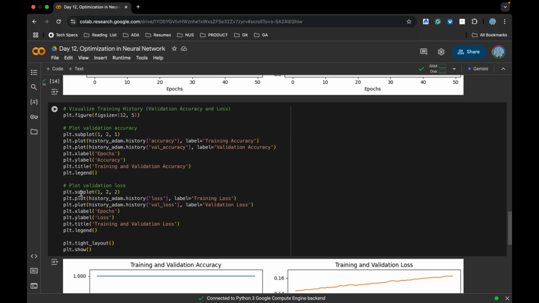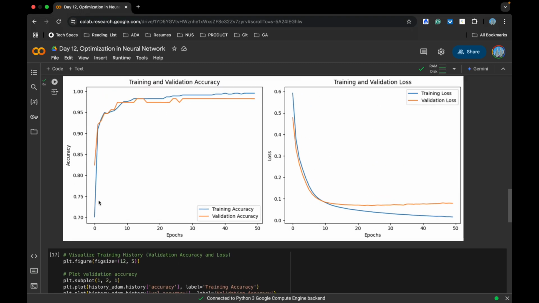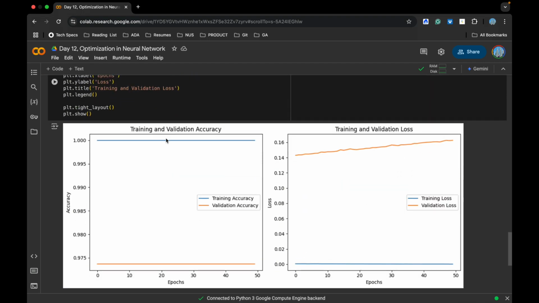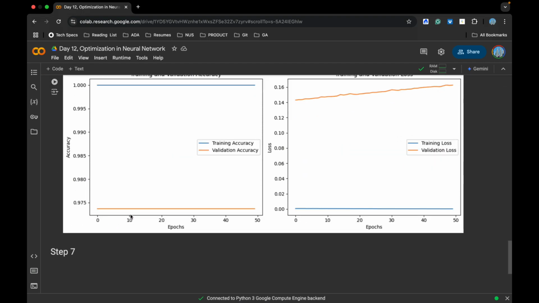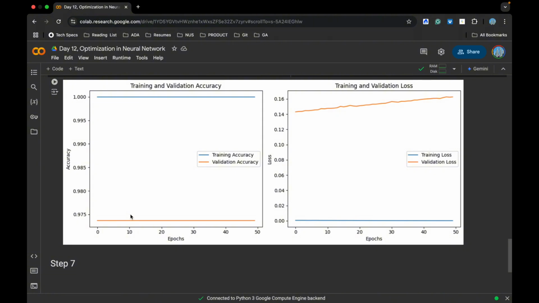Isn't that amazing? If you see here, gradient descent doesn't get 100% instantly. It gets somewhere around 100%, not even exactly 100%, only around the 20th or 30th epoch. But here it is getting 100% instantly.